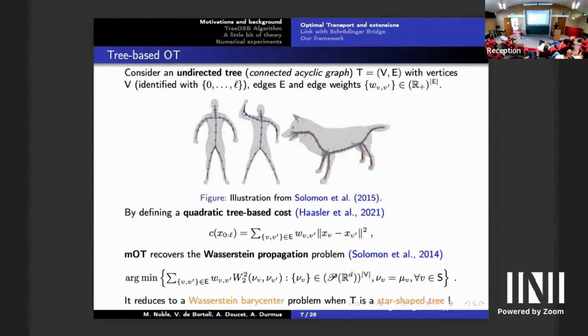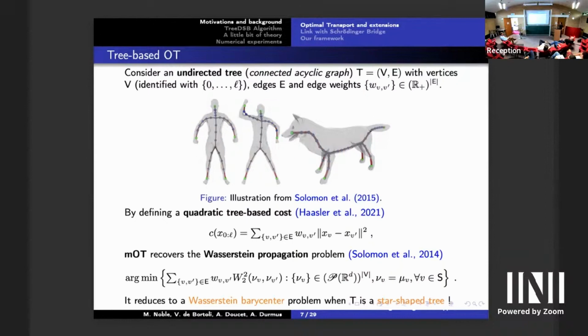Right? And we have these coefficients, which can be linked to some edge weights in our tree. And so if you consider this quadratic cost, which decouples actually along the edges of the tree, what you get is something which is more general than just Wasserstein barycenter.